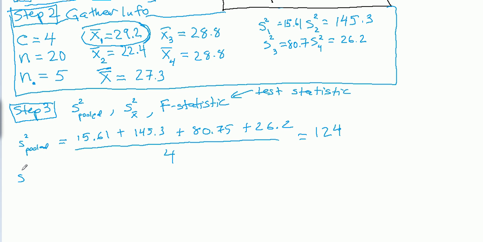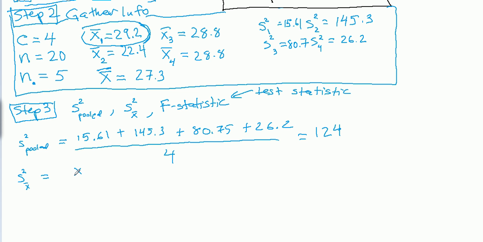Next, we're going to get S squared x bar, which can be understood as the variance of the x bars. Here are the x bars. We're asking how much they vary from each other. How much variability is there? Specifically, what's the variance? We're going to take each one, x bar i, and subtract it from its mean, x bar bar.